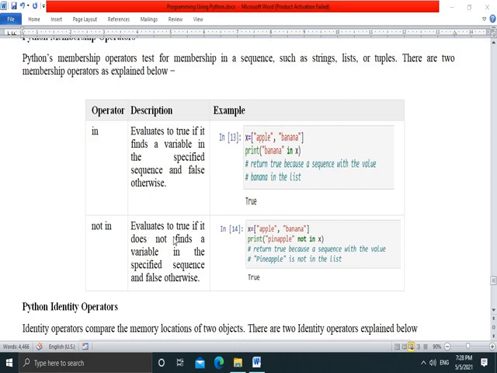Not in evaluates to true if it does not find a variable in the specified sequence and false otherwise. Means if you take the example x equal to apple, banana and you print pineapple not in x, it prints true because pineapple is not present in the list.